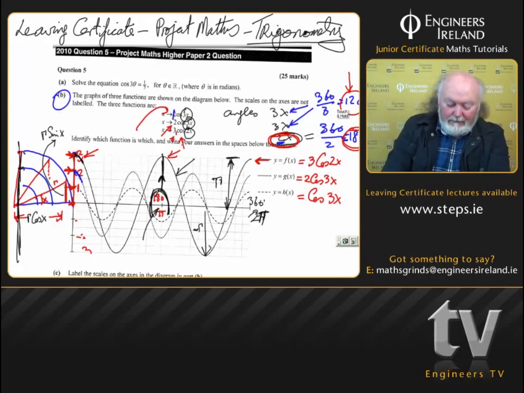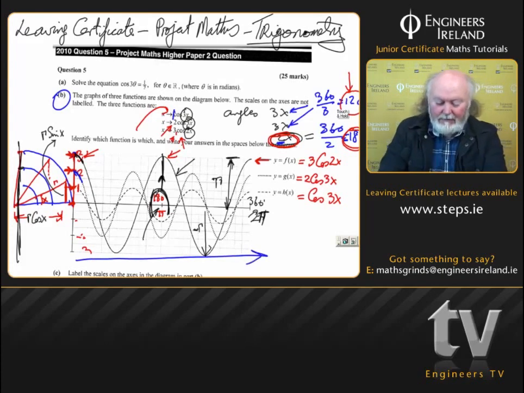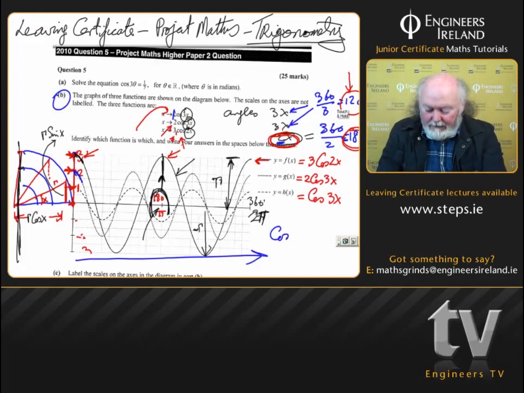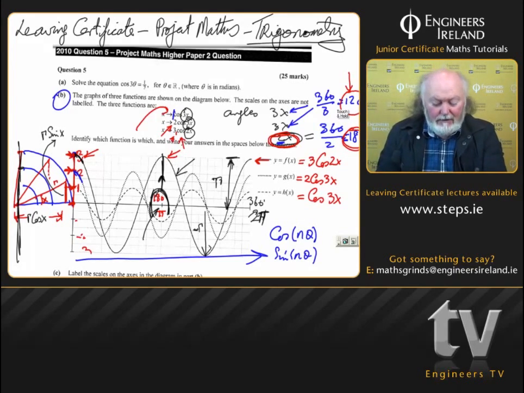When you're looking at it in terms of how long it takes to complete things, if we've got a cos or a sine of, let's say, n theta, how long does it take to complete the basic shape, the sine shape or the cos shape? It's going to be 360 over n.